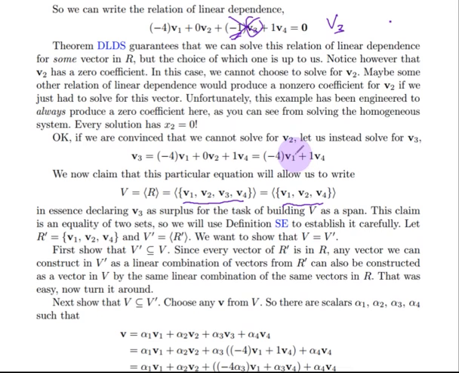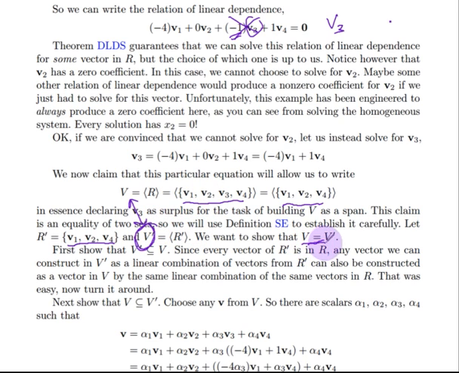How does that go? First of all, let's consider the span of just the three vectors V1, V2, V4. And we'll call V prime the span of these three vectors. My claim is that V prime is equal to V. That if I remove one vector, I still have the same span.